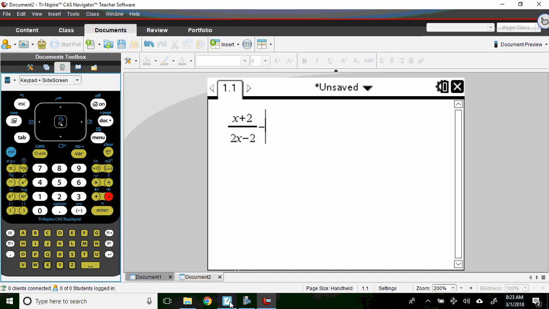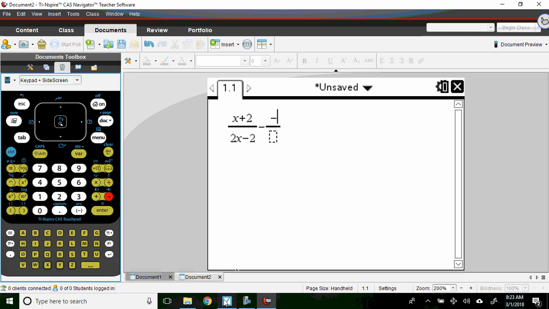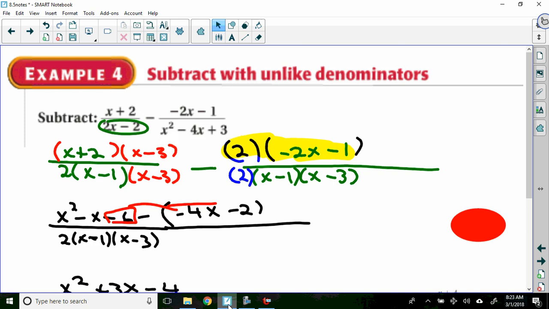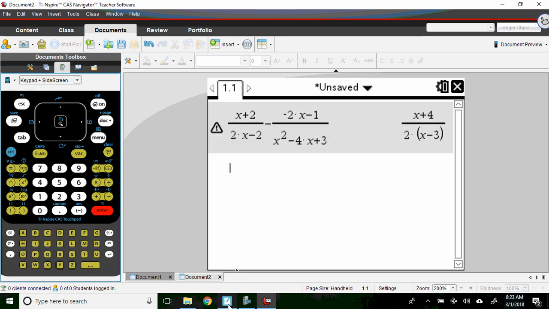So we're subtracting a fraction. Let's see. Negative 2x minus 1 up top. And the denominator was x squared minus 4x plus 3. So there it is.